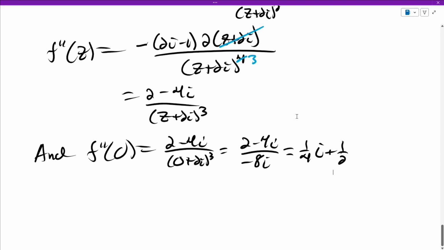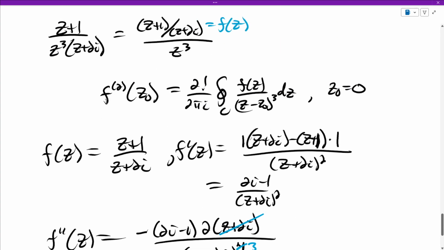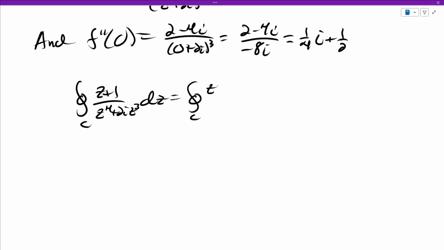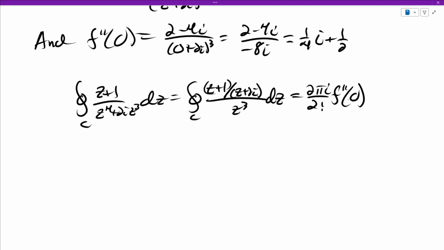Okay. And then finally, that's just computing the left-hand side. Now we care about the actual contour integral. So the value of the contour integral of the original, z plus 1 over z to the fourth plus 2i z cubed, which we rewrote as the integral over C of (z plus 1 over z plus 2i) all over z cubed, is going to be 2 pi i over 2 factorial times the second derivative's value at 0.